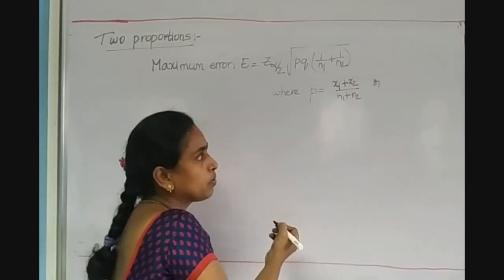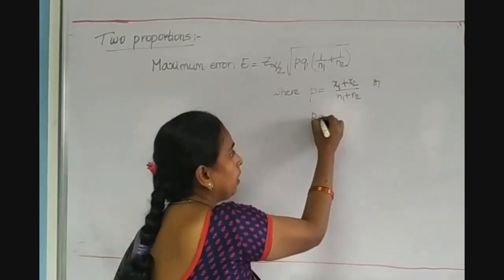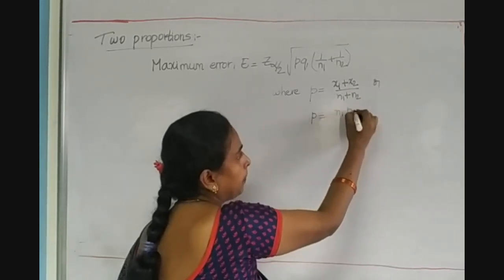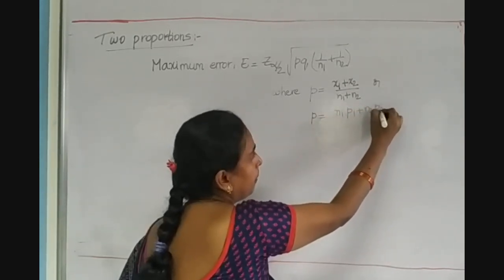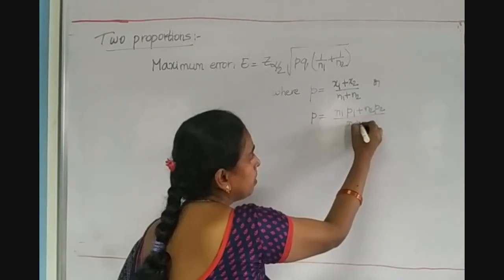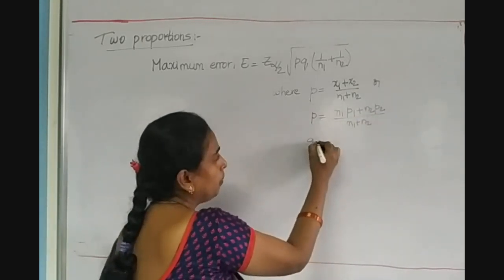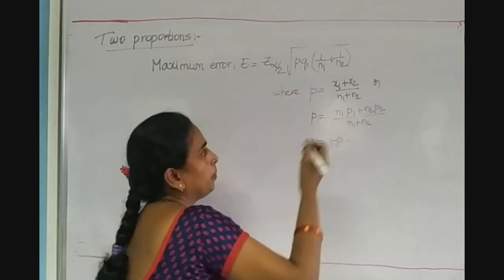Suppose x1, x2 values are not given, P equal to n1 p1 plus n2 p2 by n1 plus n2, and Q is nothing but 1 minus P.